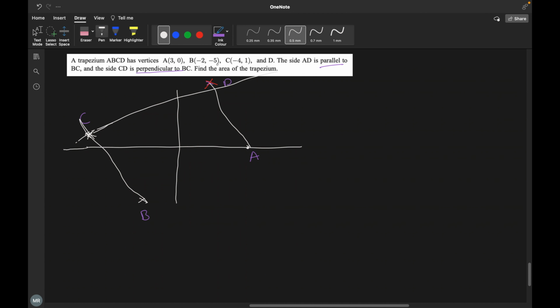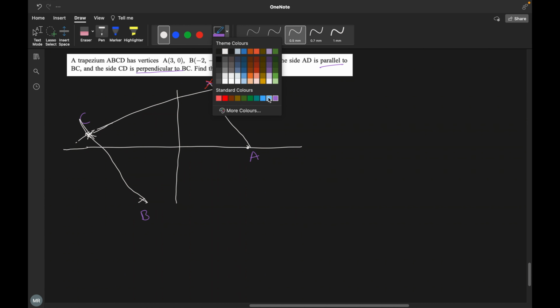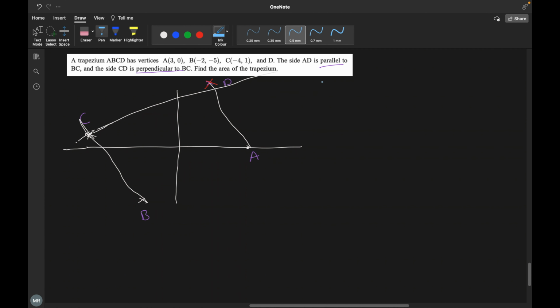We have the coordinates of B and C. If you've noticed, D is essentially the intersection point of CD and AD.